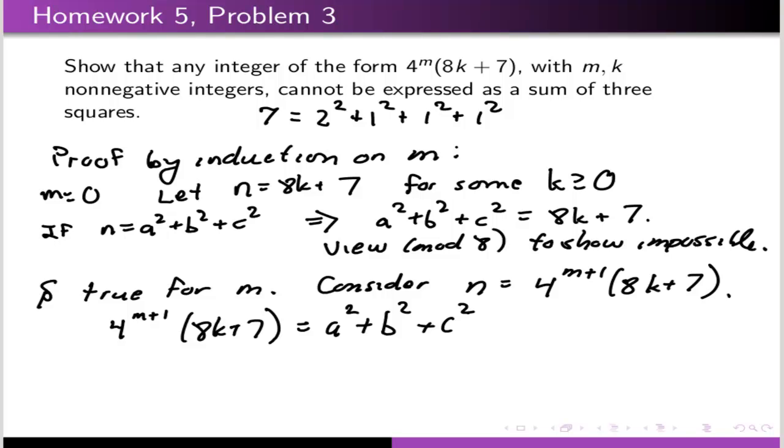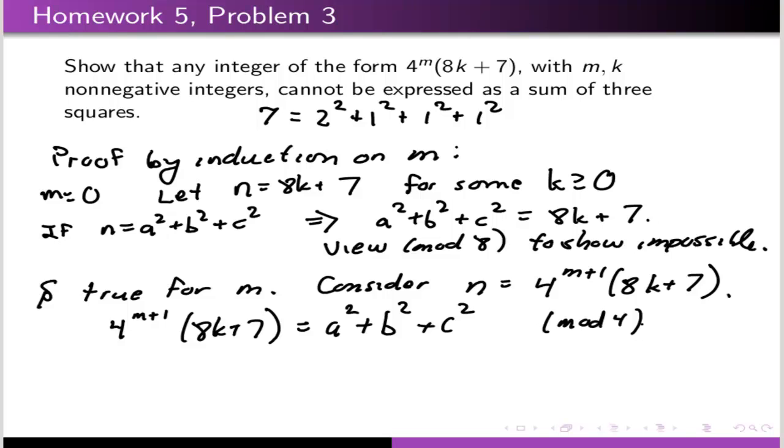So let's view this congruence mod what? Mod 4. Is mod 4 good enough? Think about that. What if you viewed it mod 4? What would the right-hand side be and what would the left-hand side be? Squares are either zeros or ones, right?